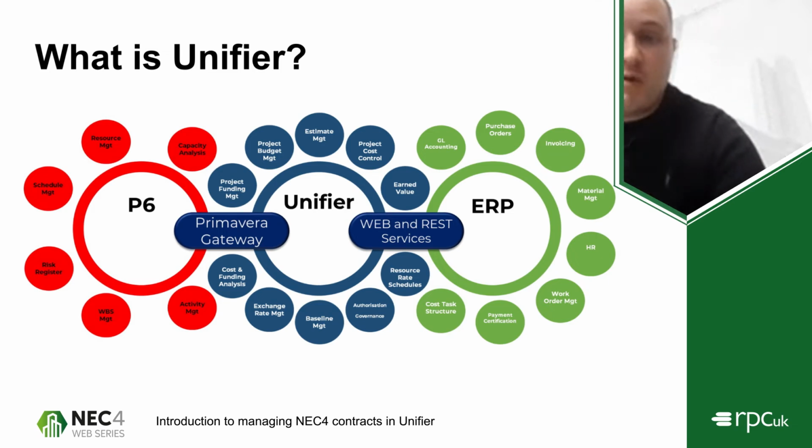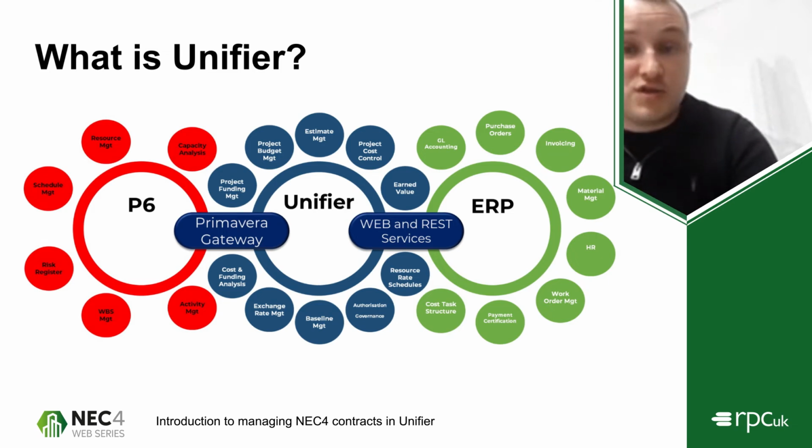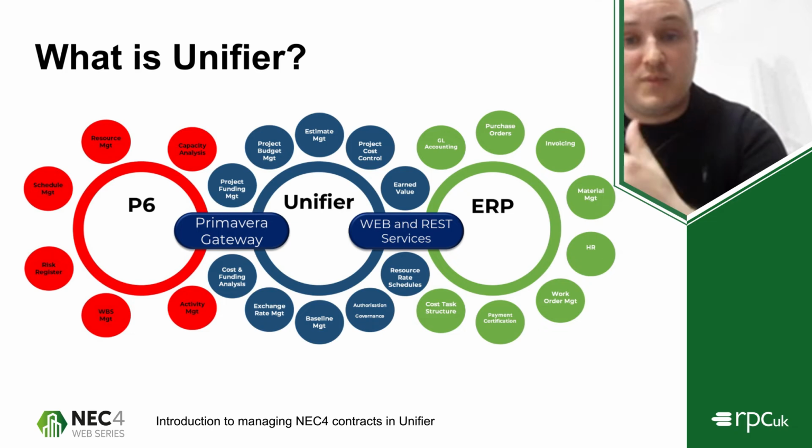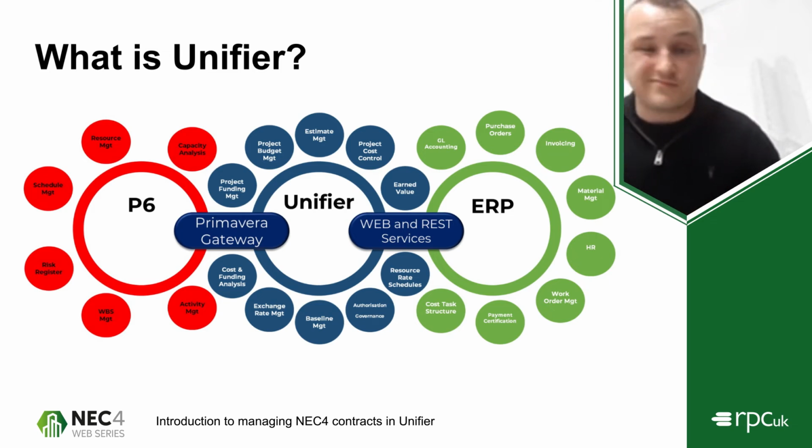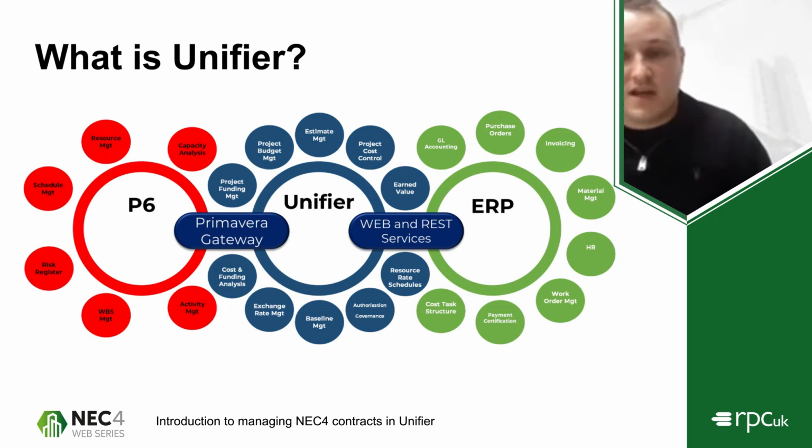So from that, bearing in mind what I mentioned earlier in terms of our shell structure, what we can do now is take those business processes that we've built and deploy them at the levels that we've built. So for instance, at our contract level, we might want to deploy all the NEC business processes. So that could be early warnings, it could be compensation events, instructions.